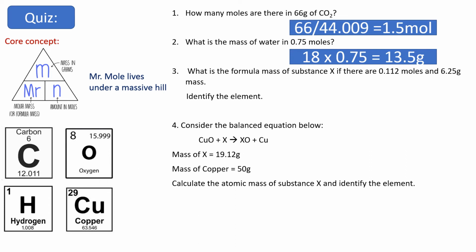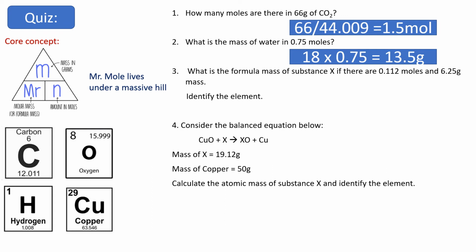Okay, so question 3. What is the formula mass of substance X if there are 0.112 moles and 6.25 grams mass? Identify the element. So this is what I was talking about earlier. With the formula mass of X, I'm guessing that really should be atomic mass because it says identify the element, but never mind.